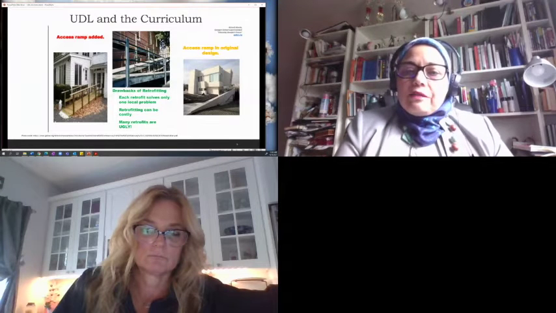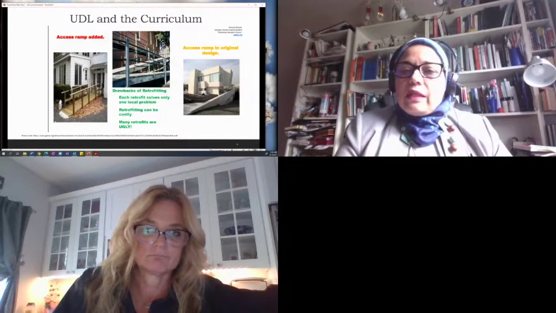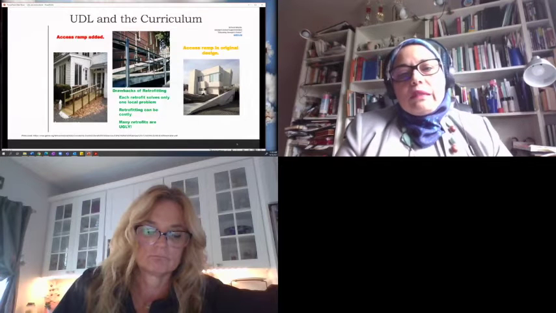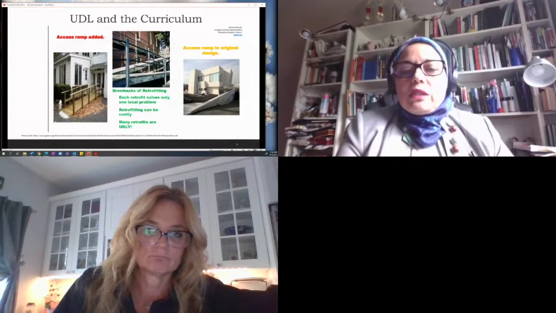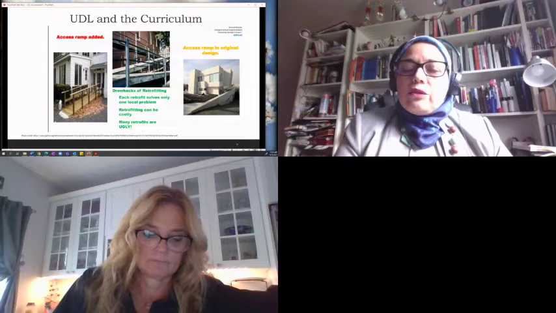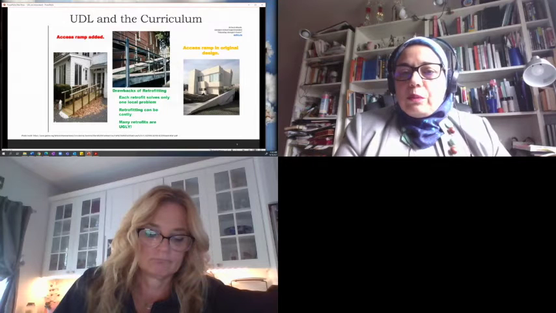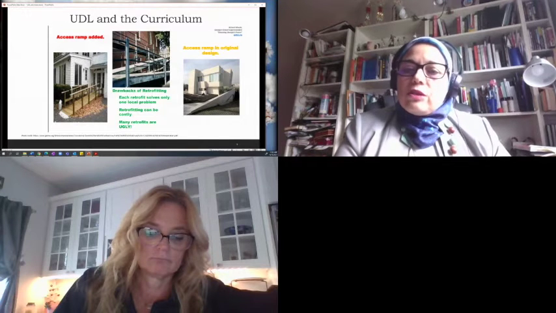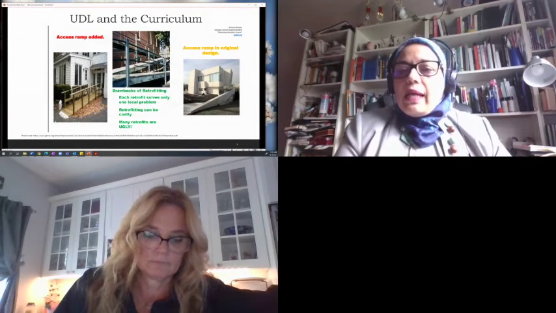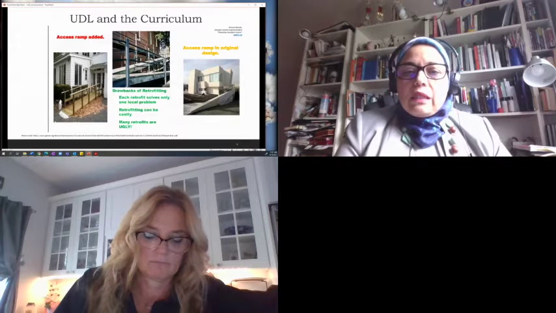While UDL and differentiation are both strategies to reach all students, there are some key differences. It is a misconception that people use UDL and differentiation interchangeably. Differentiation is a way for teachers to make a lesson more accessible to a group of students that isn't already being reached by adding options for learners.